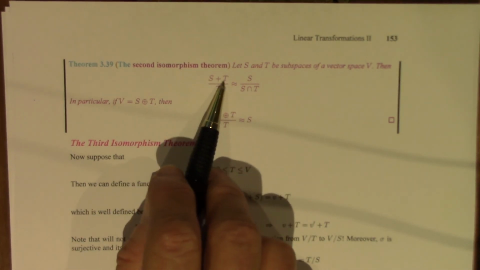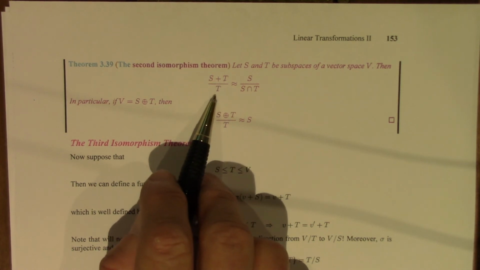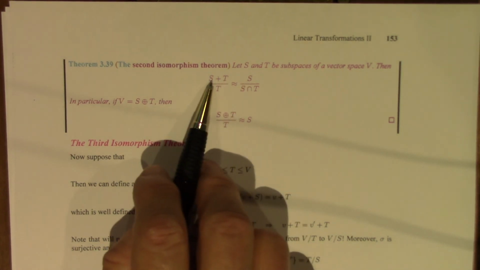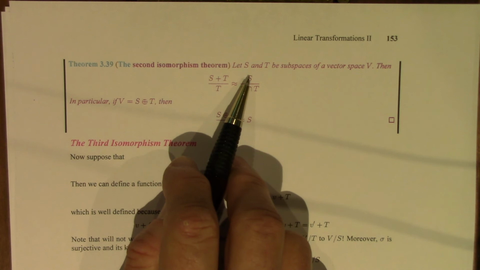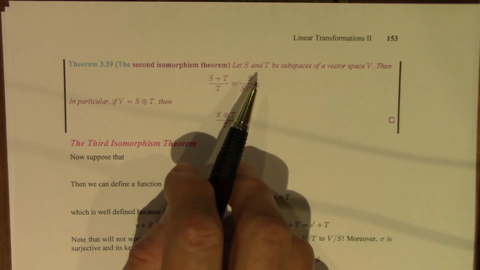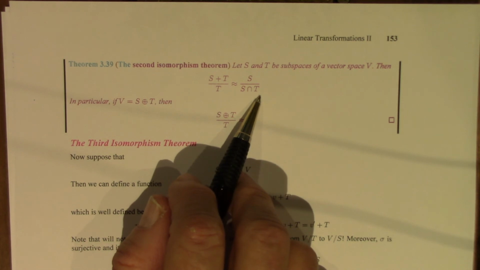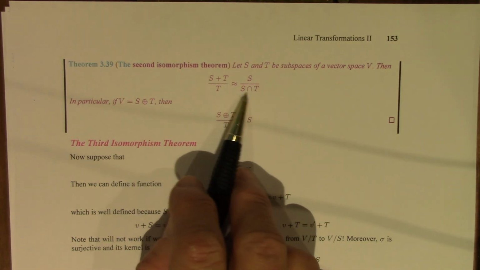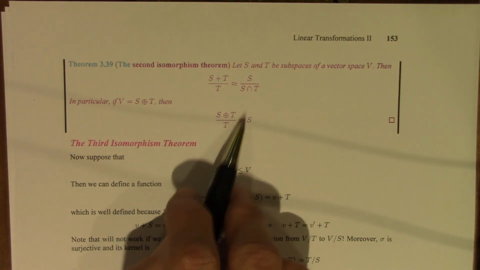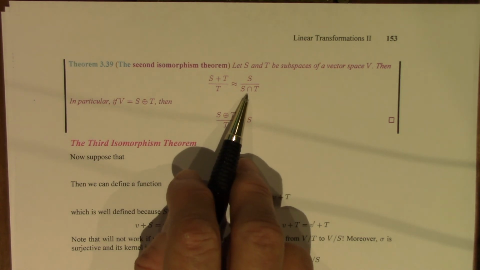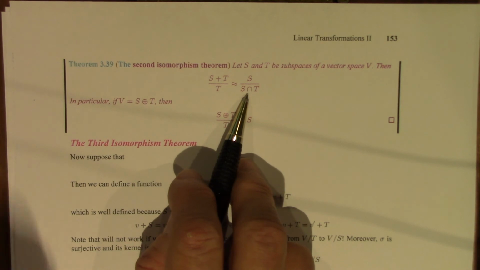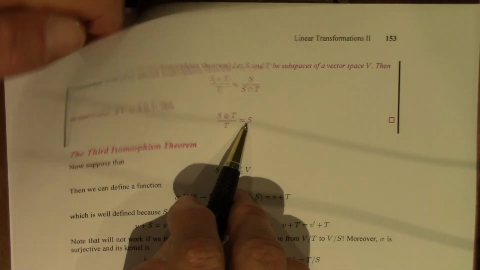When you take S plus T and you factor out T, you don't necessarily get something isomorphic to S, but it is isomorphic to S mod the intersection of S and T. So when S and T are essentially disjoint, factoring out by the trivial subspace does nothing really. It's isomorphic to S.